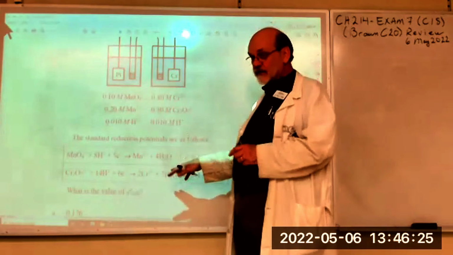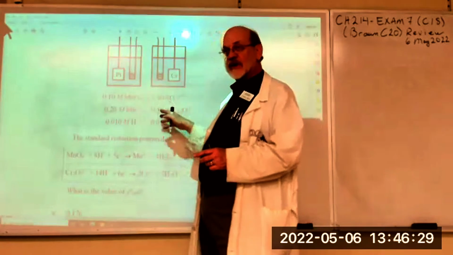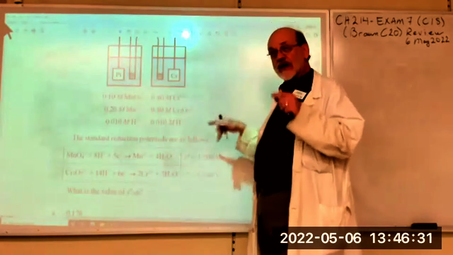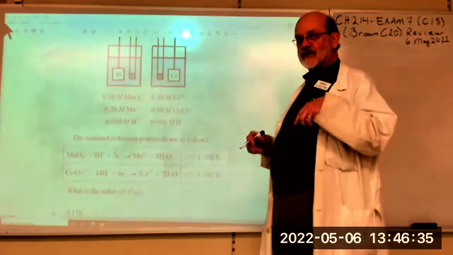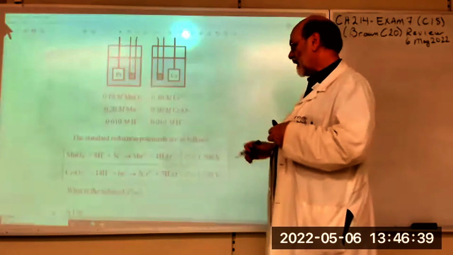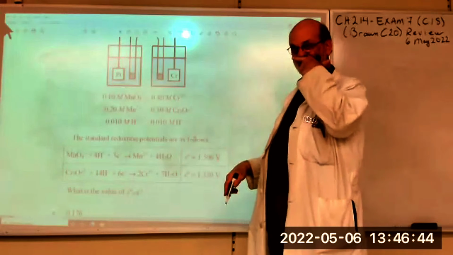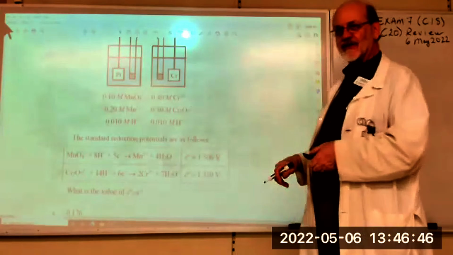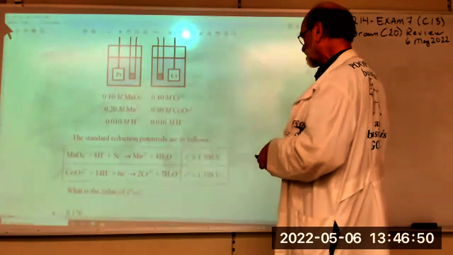If it said E with no 0, we have to use these concentrations plus the balanced equation to find out what Q is. Then we could use the Nernst equation to find out what the actual voltage is. Fortunately, that's not part of this problem because that would take some time to do.